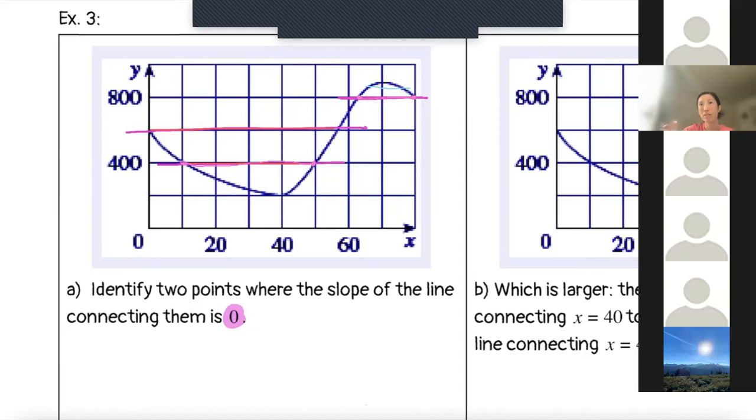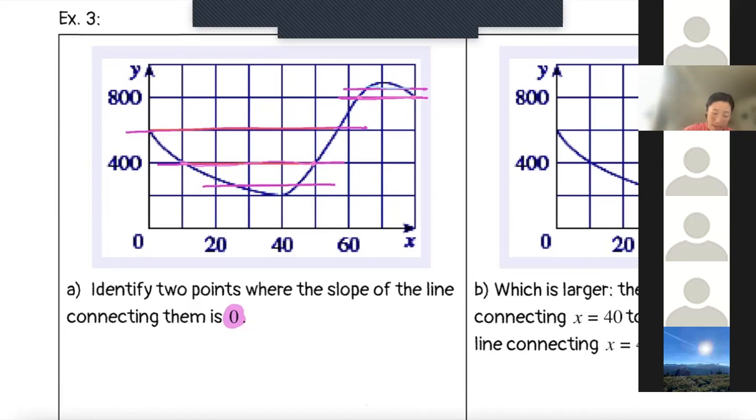Okay. And Matt, I really like the way you summarized that, where it's any 2 points where the y value is the same. And I see one more up here. Exactly. Something like up there would be absolutely fine. I could even do one here. And all of these pink lines satisfy that phrase, any 2 points where the y value is the same.